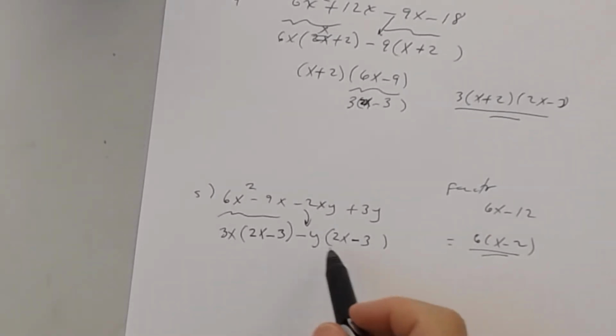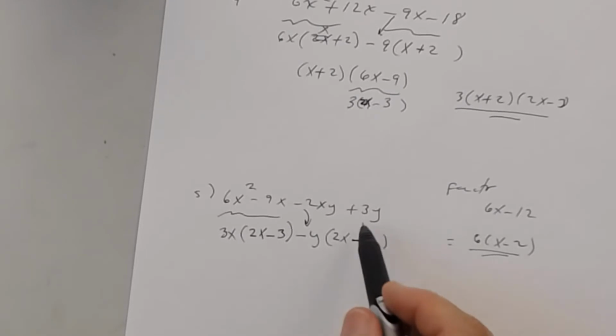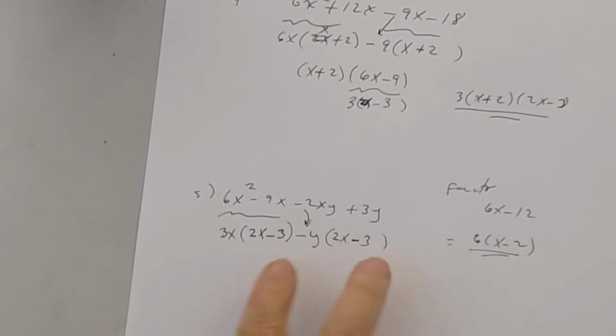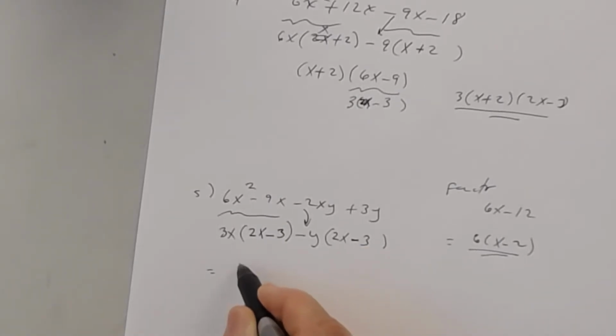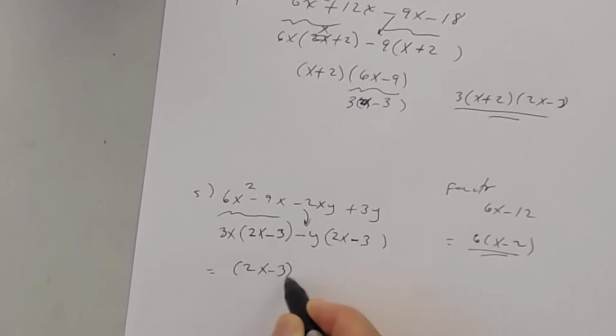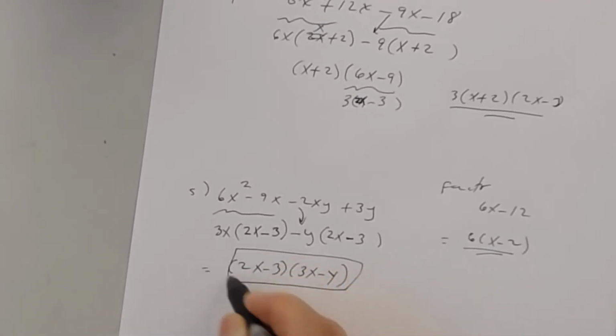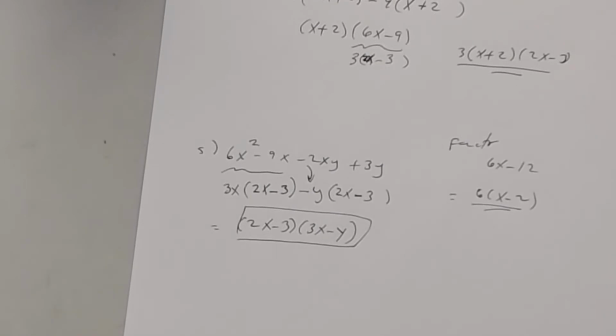Because a negative y times 2x is a negative 2xy. A negative y times a negative 3 is a positive 3y. If you do this correctly, those things inside the parentheses should be the same. So what's the answer? 2x minus 3 times 3x minus y.